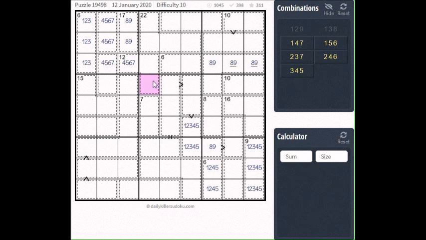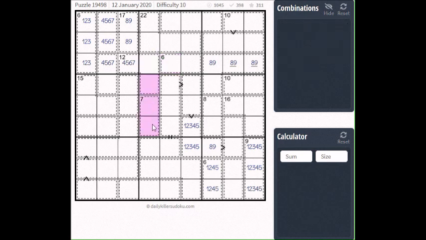But could the 7 be there? If the 7 is here, so here we have 4, 1. But the 4, 1 will contradict with the 6 here. So this cannot be a 7.